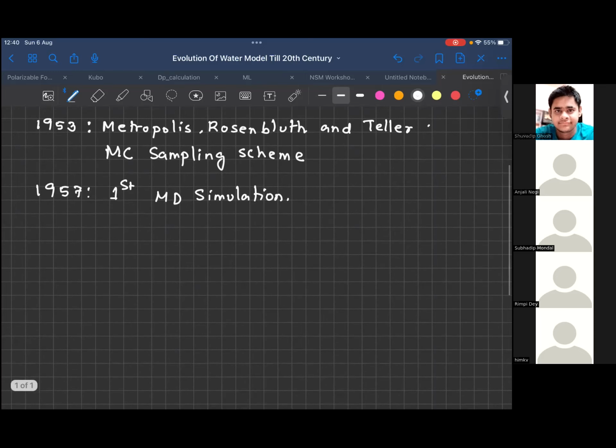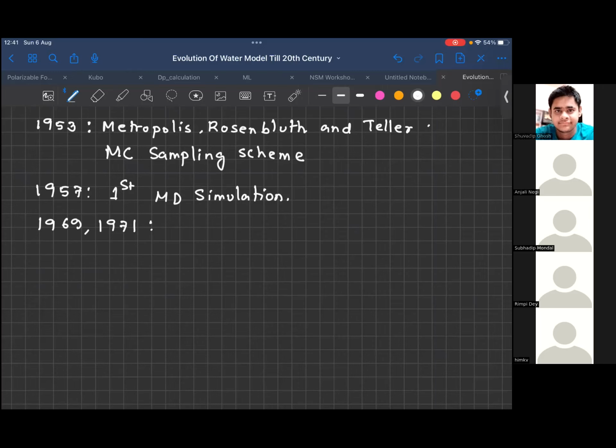After that, in the years 1969 and 1971, these two years are very important in the context of the first computer simulation. In 1969, Barker and Watts, and in 1971, Rahman and Stillinger, first published papers on the computer simulation of liquid water.